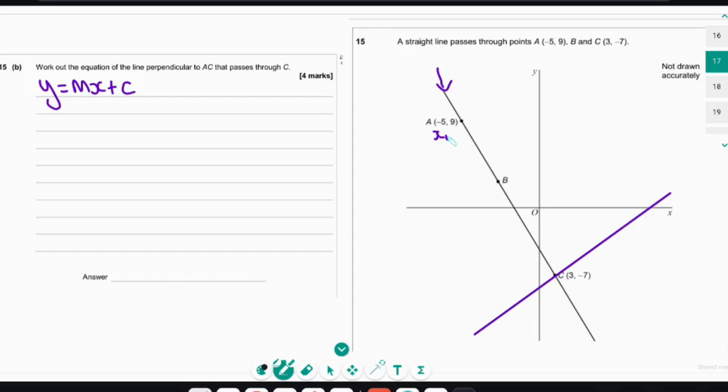With x1, y1, x2, y2, the gradient is the difference in the y's over the difference in the x's. So we have -7 minus 9, all over 3 minus -5, which is -16 over 8, which is -2.